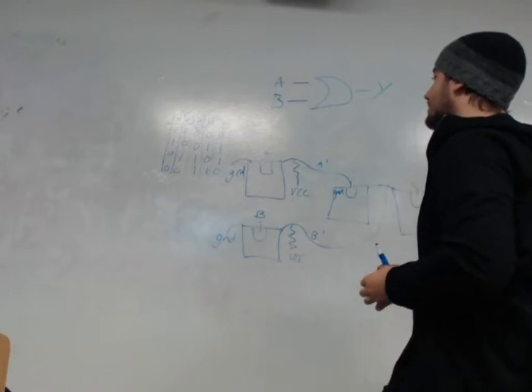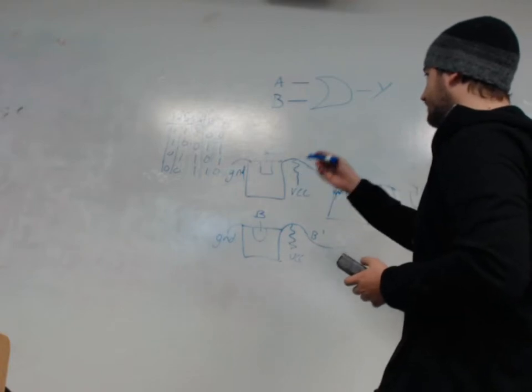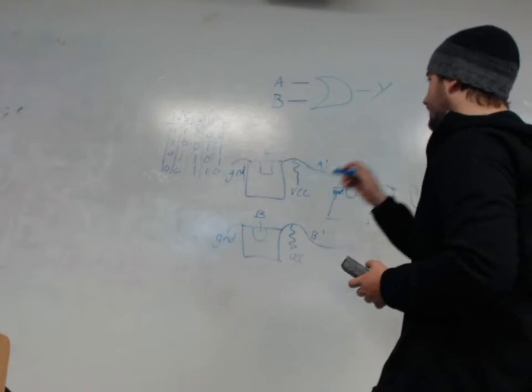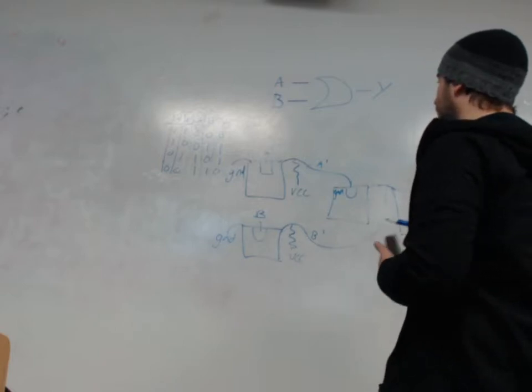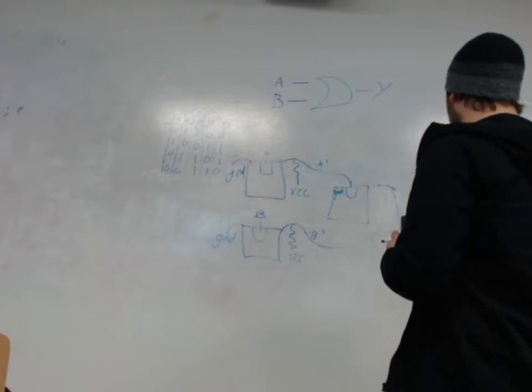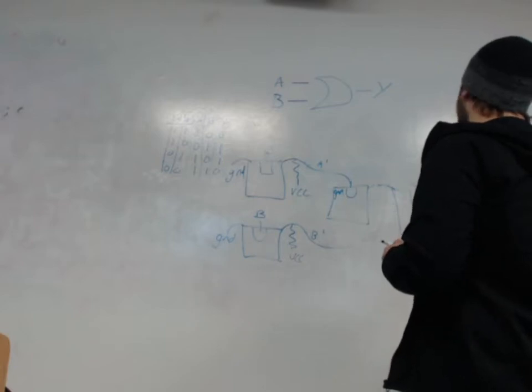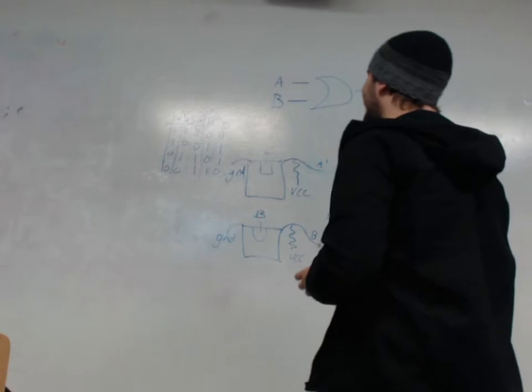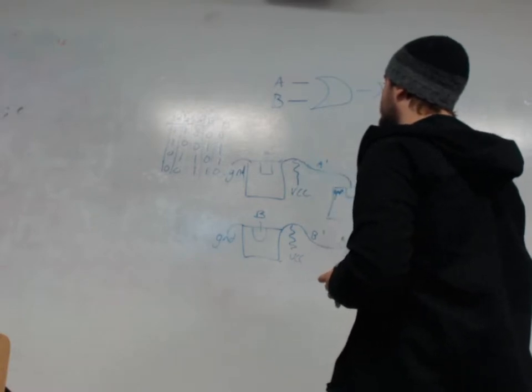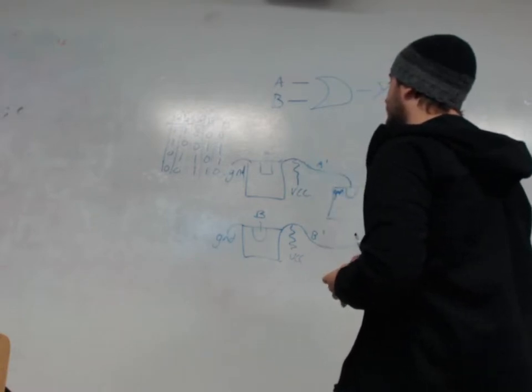You just need one more. All you need to do is adjust it so that when they're both on, it's off. Okay, wait, I was thinking something different. Maybe this isn't going to be as easy as I thought. If they're both on, you don't want it to go either.